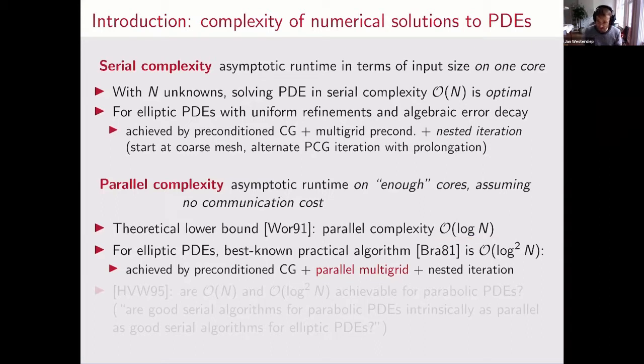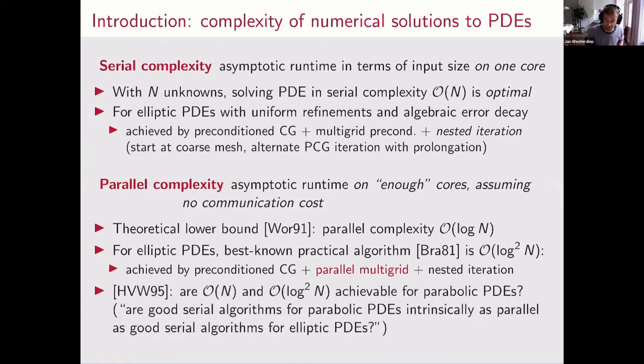So there is no way of solving a PDE numerically faster than order log n on a parallel computer. But it turns out that this is indeed a theoretical result, because for elliptic PDEs, the best known practical algorithm is only log squared of n. So it's slightly worse. And this was achieved by Achi Brandt in 1981 by combining preconditioned CG and this nested iteration with a parallel multigrid preconditioner.